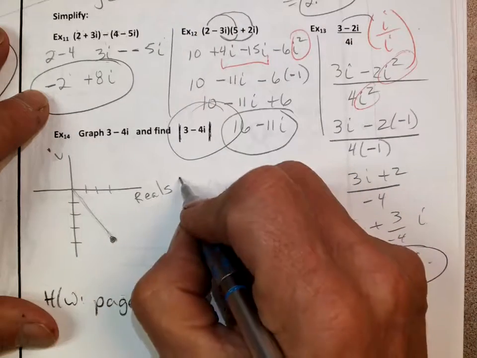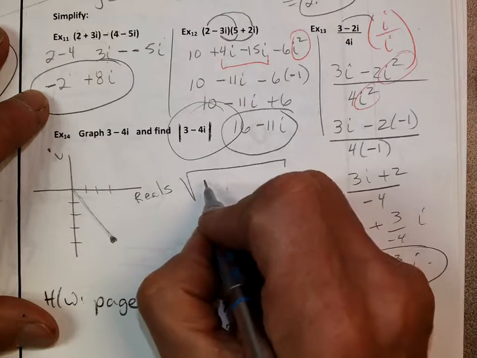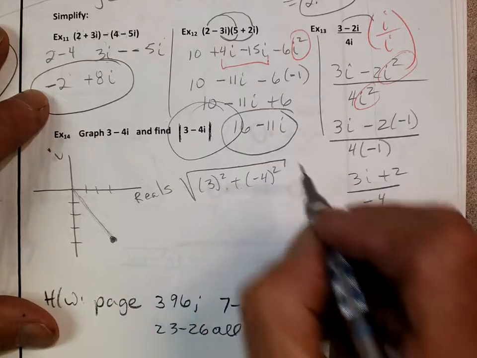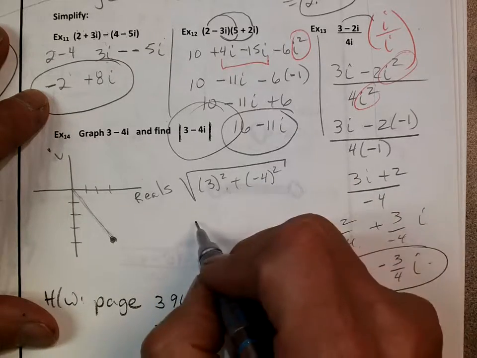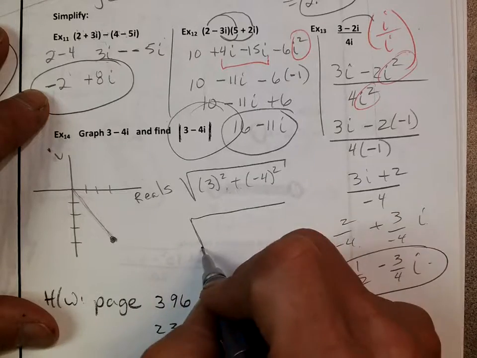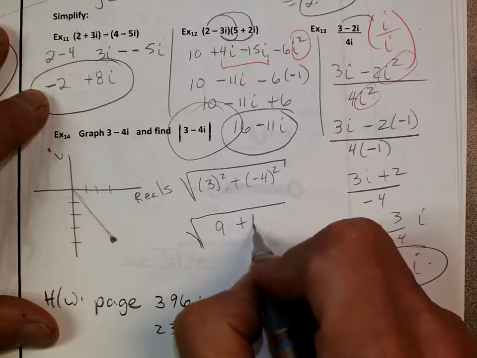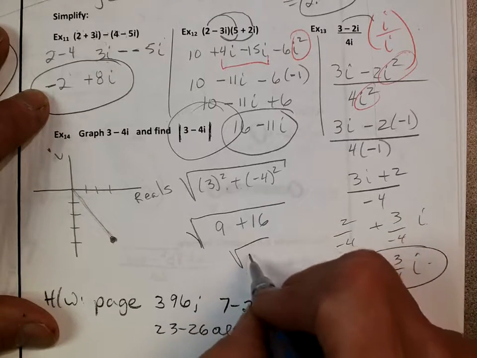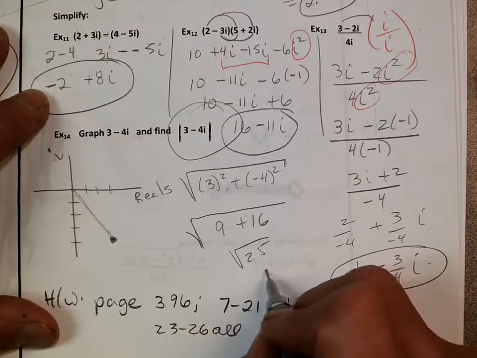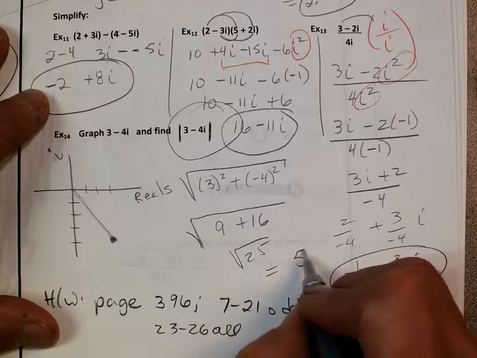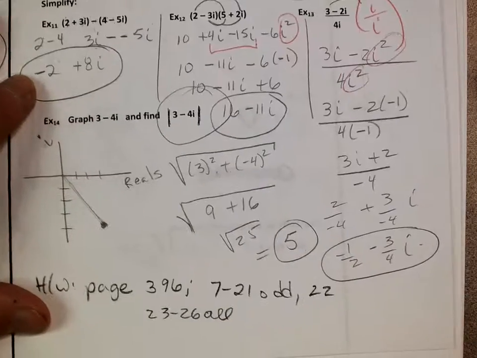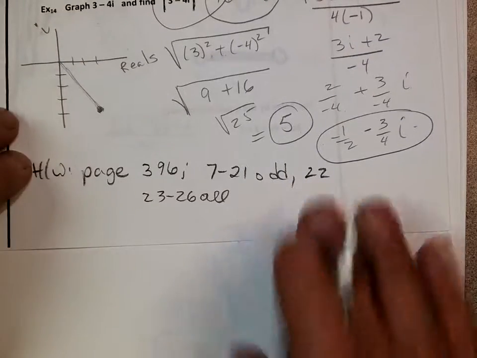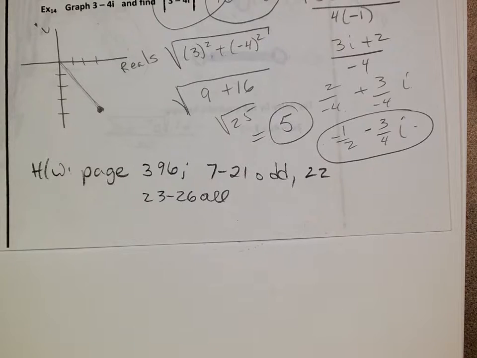So it is just going to be the square root of 3 squared plus negative 4 squared, which is the square root of 9 plus 16, square root of 25, and like Michaela said, just plain old 5. Square root of 25 is just 5, okay? Alright, that is it.